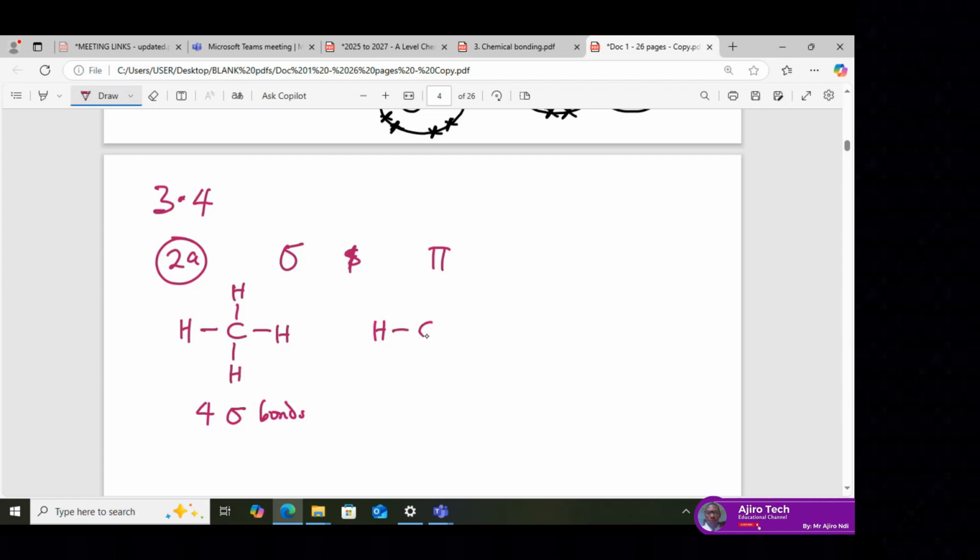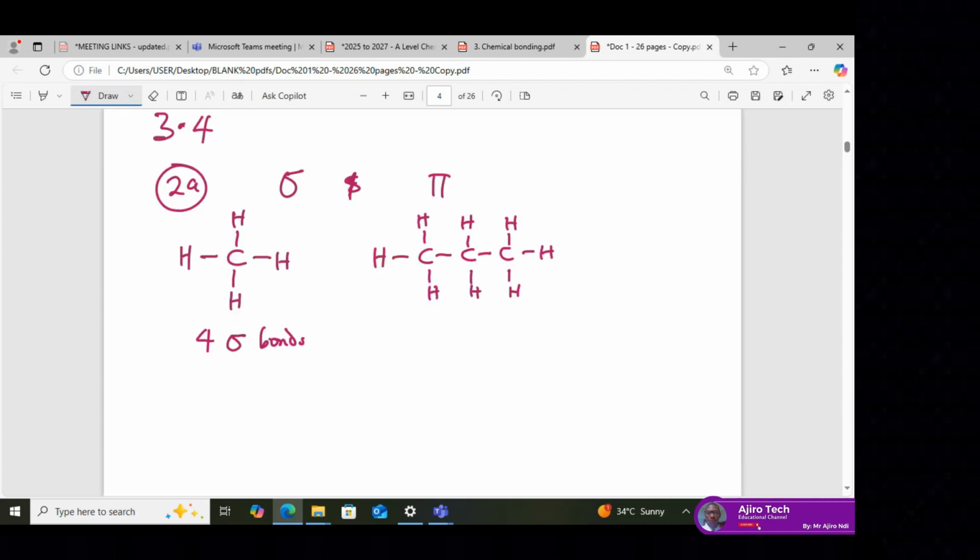In ethane, how many sigma bonds do you have? I mean, in propane. How many sigma bonds do we have here? 1, 2, 3, 4, 5, 6. What about the one between carbon and carbon? You didn't count that? You only counted carbon and hydrogen. What about carbon and carbon?